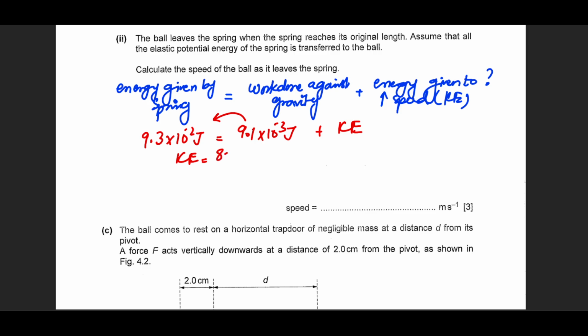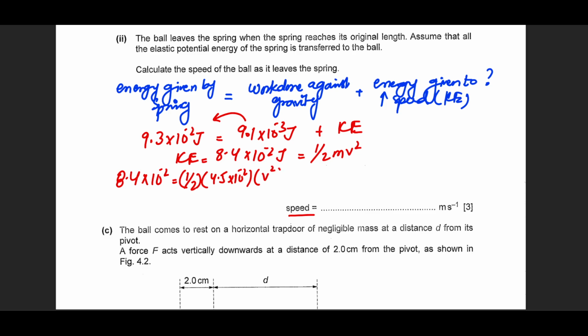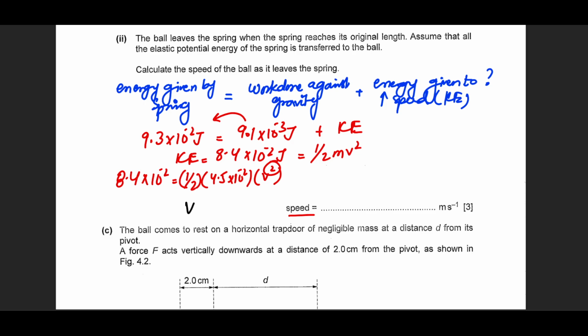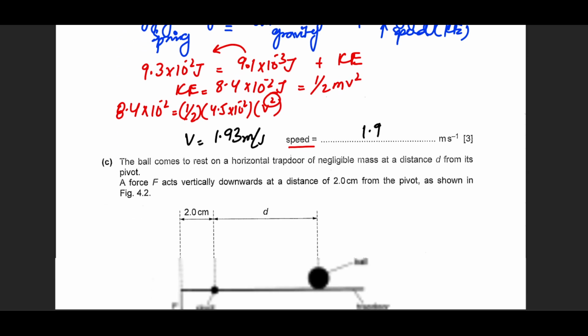So we get 8.4 into 10 raised to the power minus 2 joules, which will now be equal to half mv squared. This is the speed that we want to find out. So 8.4 into 10 raised to the power minus 2 equals 1 over 2 into mass, which is 4.5 into 10 raised to the power minus 2, into v squared. Don't forget to take the square root because this is a square, please. So velocity comes out as 1.93 meters per second. This will be 1.9 after two significant figures.